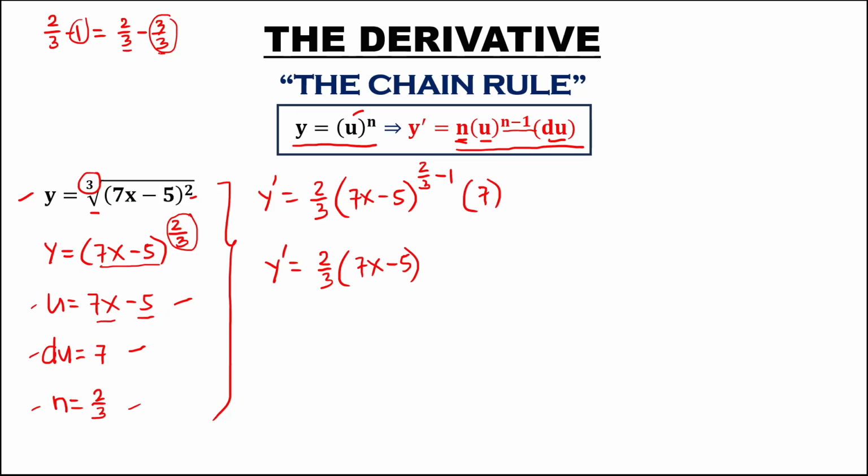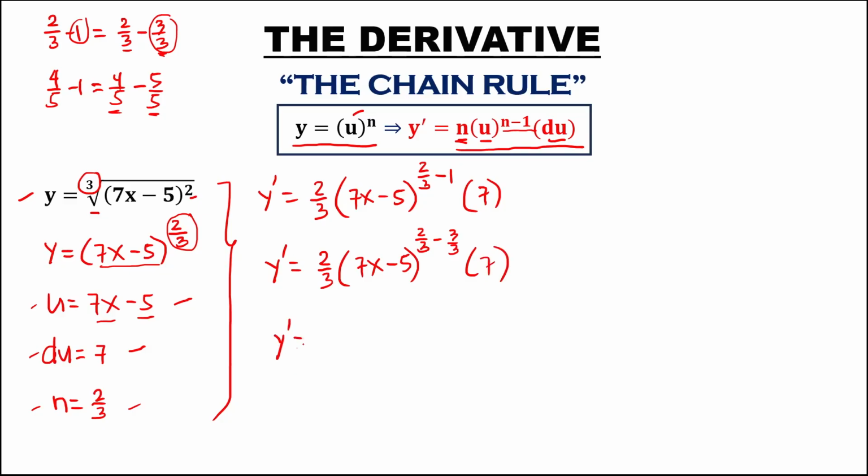To make these two denominators equal, we rewrite the 1 as 3 over 3. So therefore, this becomes 2 over 3 minus 3 over 3, then times 7.